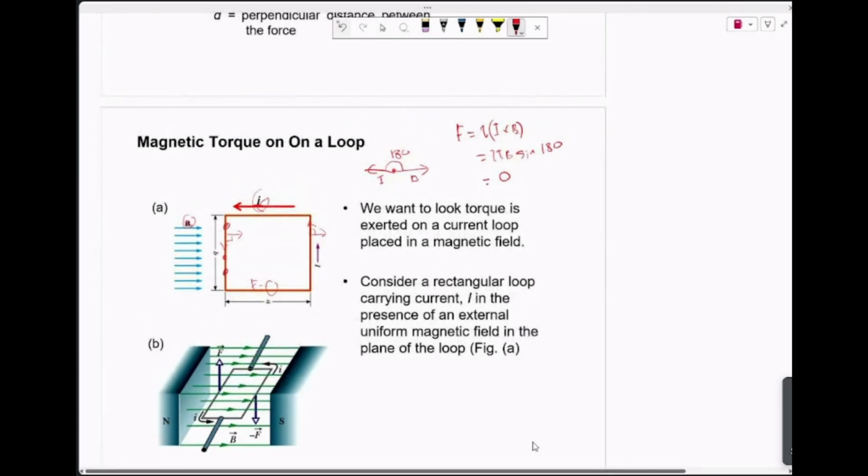And then if you do the same thing here, the magnetic field at the other side here will also be to the right. So maintain your index finger to the right as well. Bring out your middle finger, turn it until it points upwards, and then bring out your thumb, and you will see your thumb is pointing into the screen, into the page.